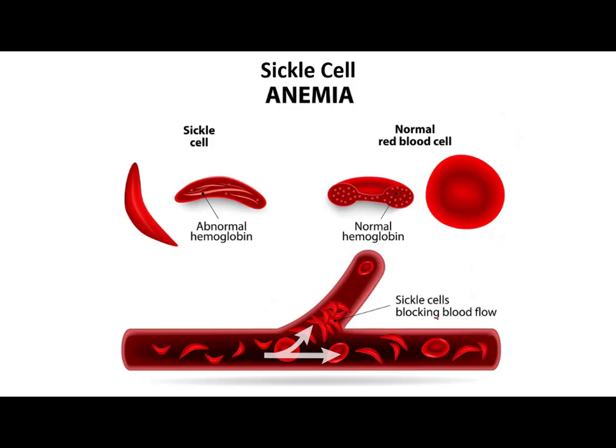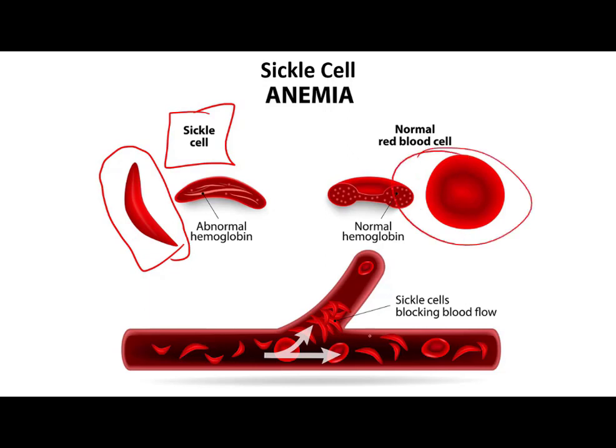Now, there is a genetic disorder called sickle cell anemia. Someone with sickle cell anemia, their blood cell takes on a sickle, or kind of crescent moon shape. When blood cells are round, they can flow through capillaries very nicely and smoothly. But when they have this sickle cell shape, they potentially could get lodged in the capillaries and block blood flow. And also, sickle cells have these abnormal hemoglobin molecules in them.